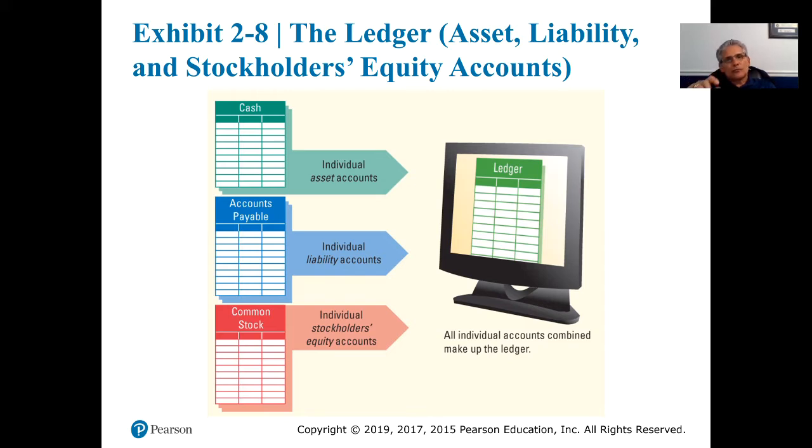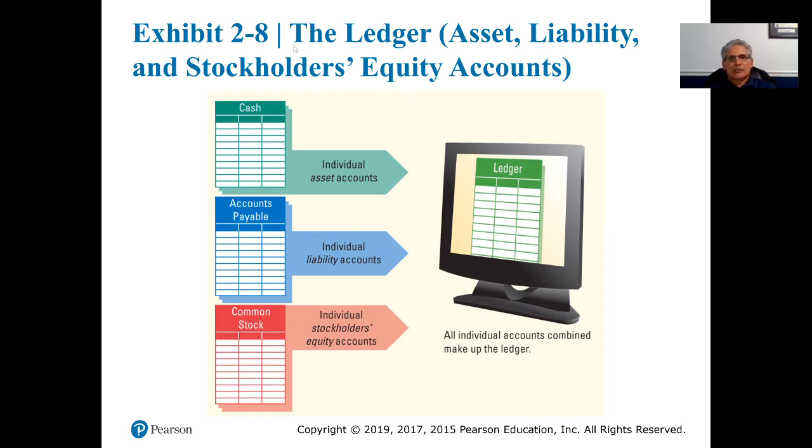From the journal, those numbers are then transferred to what we refer to as the ledger. And the ledger is the book of accounts. Every single account that we have has its own ledger, its own balance. Okay?